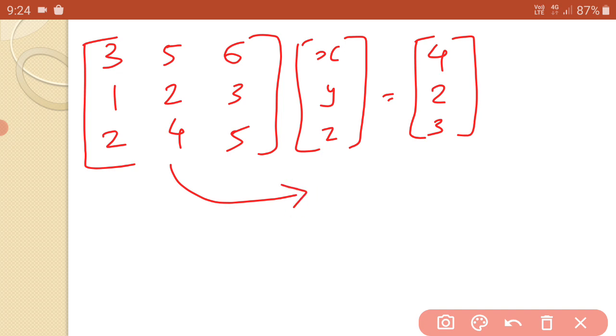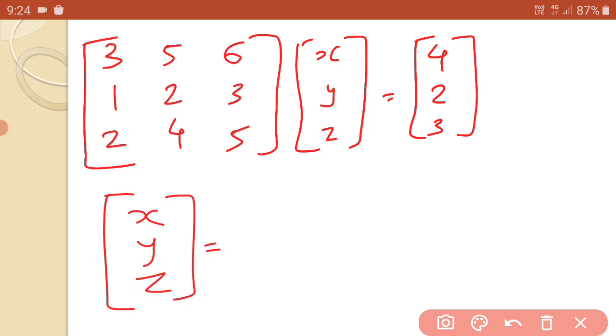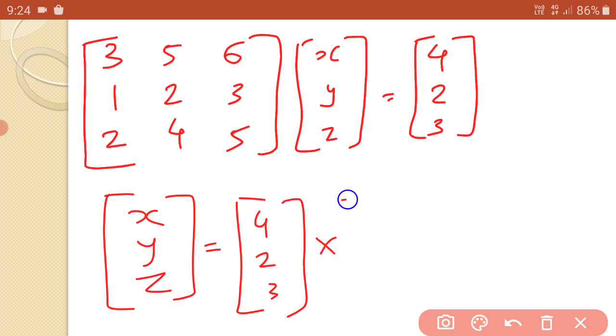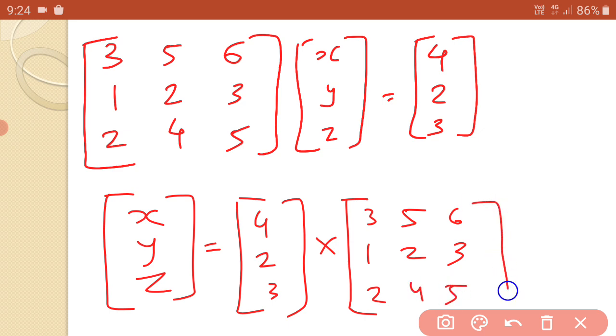It becomes an inverse. When it goes to the opposite side, what happens? Inverse. So here you write x, y, z is equal to 4, 2, 3 into the matrix 3, 5, 6, 1, 2, 3, 2, 4, 5, and it's an inverse. When it goes to the opposite side, what happens?